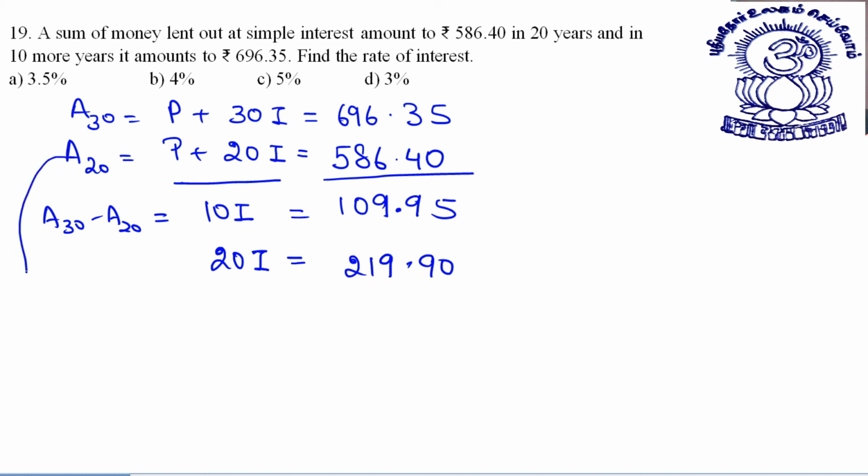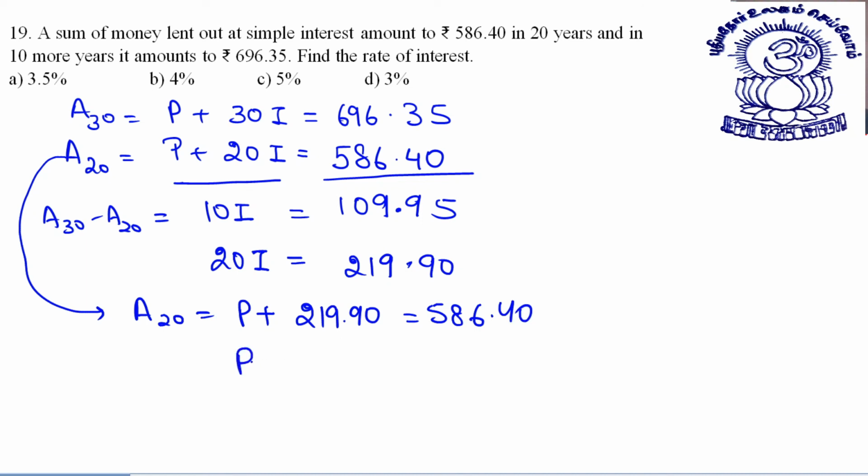Now if I put it over here, A20 is P plus 20i. 20i is 219.90, which is equal to 586.40. So P will be amount minus interest, that will be 586.40 minus 219.90.